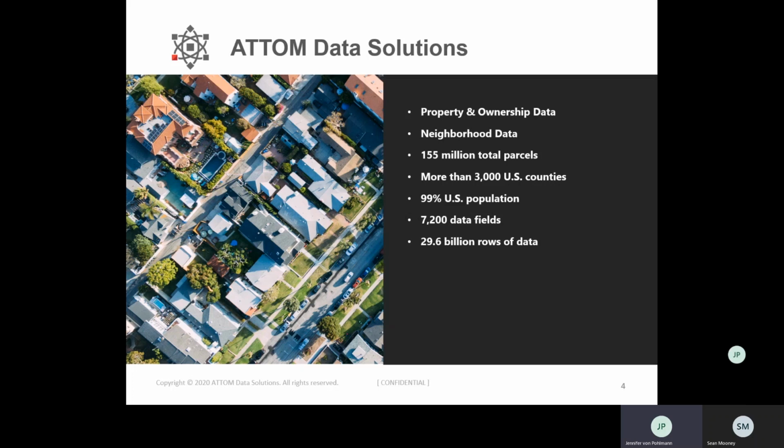With more than 29.6 billion rows of transactional level data and more than 7,200 data attributes, our 9 terabyte ATTOM data warehouse powers real estate transparency for innovators in many industries, not just real estate, but mortgage, insurance, technology, finance, marketing, government, and so much more.